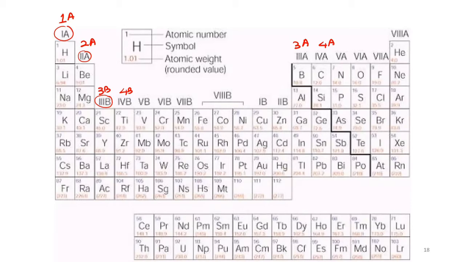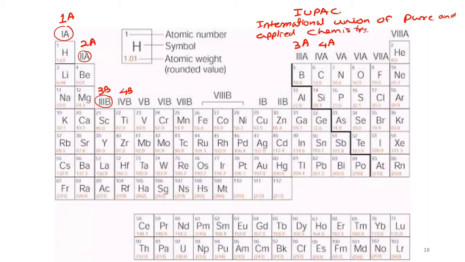So to resolve this confusion, the IUPAC, you will come across this name much more frequently when we go to the naming part, the International Union for Pure and Applied Chemistry, jumped in, and then they proposed a completely different type of numbering system.